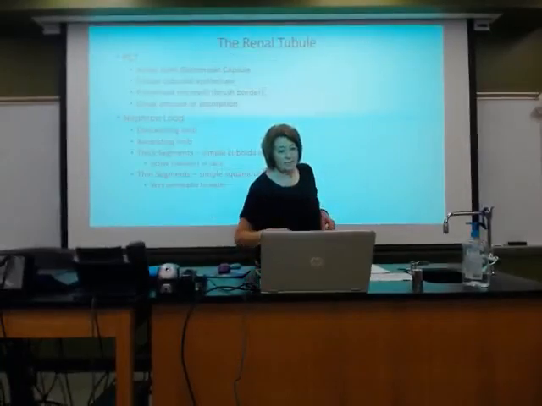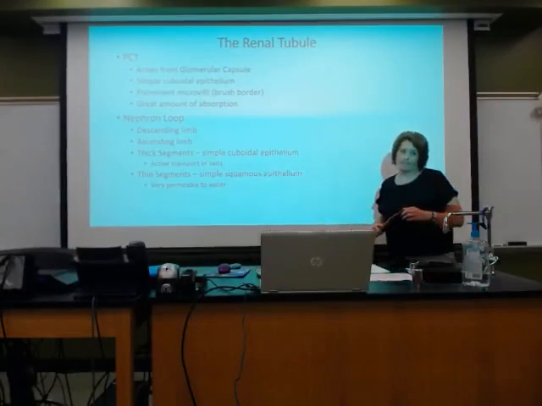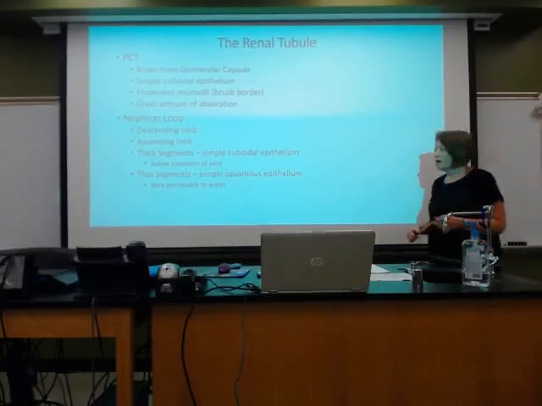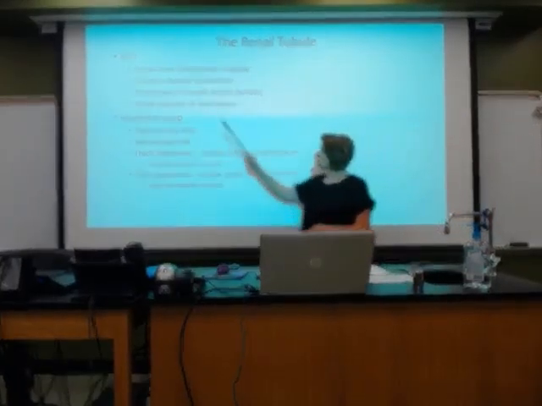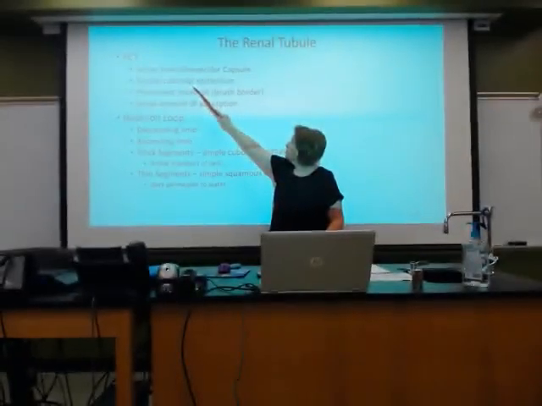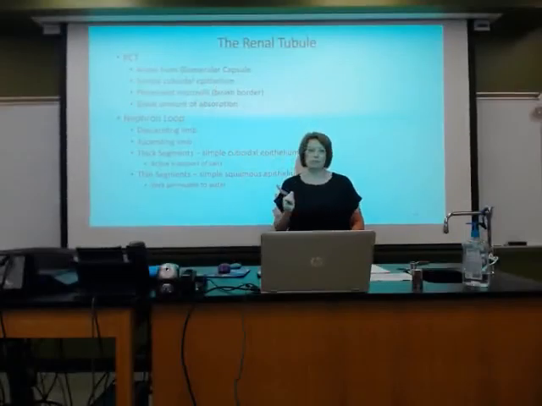So in looking at this tubular system, the tubule, the PCT, the proximal convoluted tubule. The proximal convoluted tubule comes from the capsule. That portion of it has simple cuboidal epithelium.